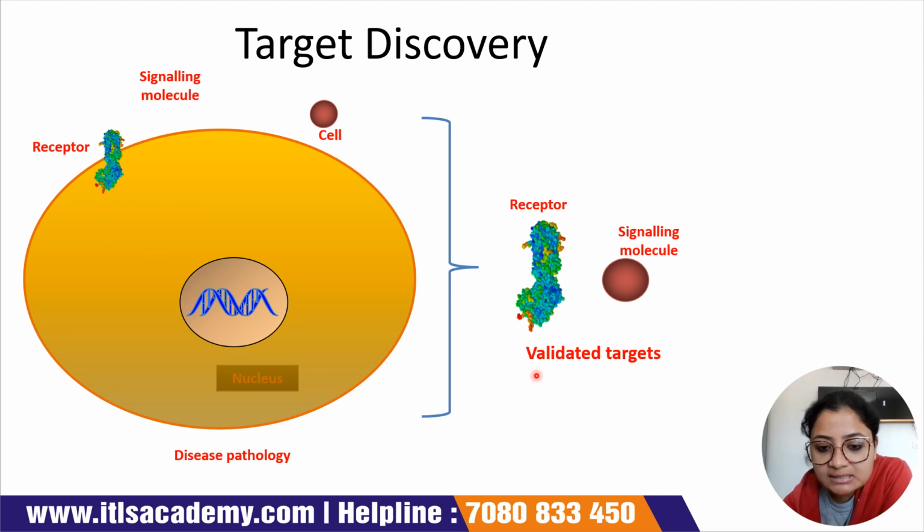So the validated targets will be the receptor as well as the signaling molecule. Isn't it? Because we can only manipulate these things if we want to free this cell from the disease pathology. We will have to modulate the specific reaction between the signaling molecule and the receptor.